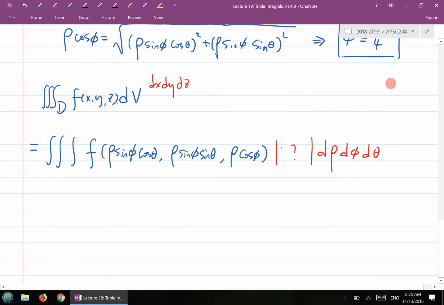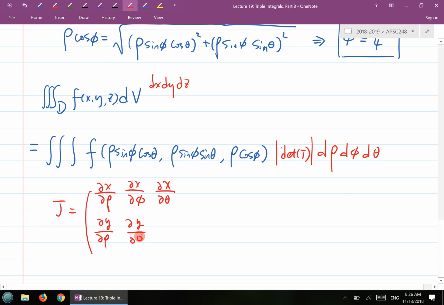So the Jacobian is the determinant of the 3 by 3 matrix; here we need the absolute value of the determinant of the Jacobian. First you create the Jacobian matrix: partial x over partial rho, partial x over partial phi, partial x over partial theta, and similarly for the other two rows.